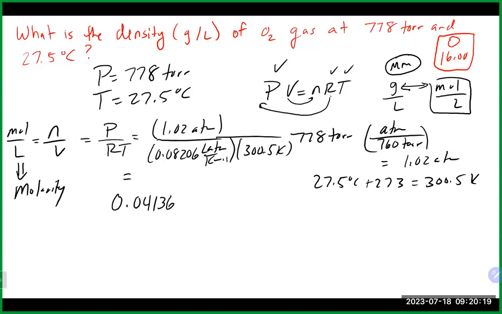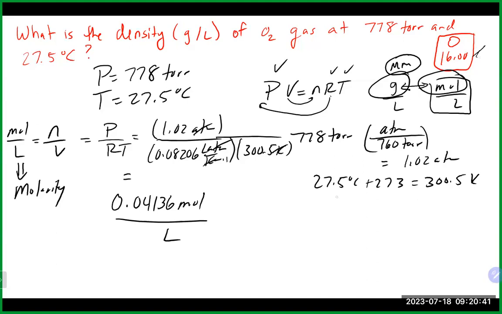That's going to give us 0.04136. The units here, atmospheres cancel, Kelvin cancel. When we do the division, the units become moles per liter, which is our molarity in this case. Any questions up to that point? As I mentioned, at this point, it really is just a conversion between grams and moles. So we'll use the molar mass. It is O2 and not oxygen by itself, right?